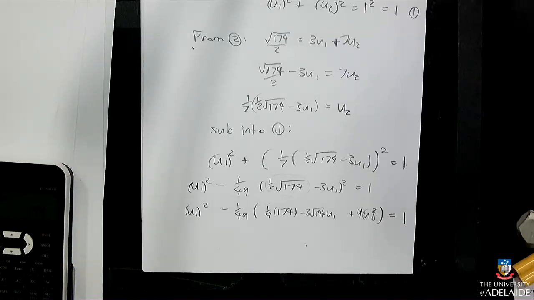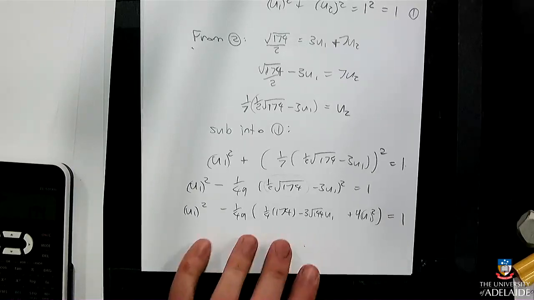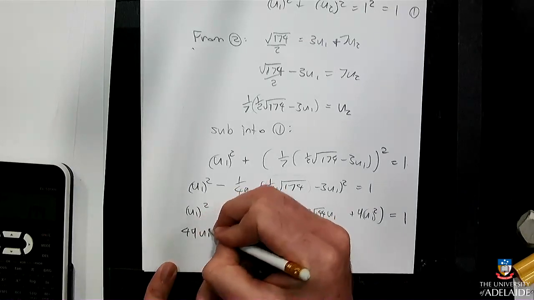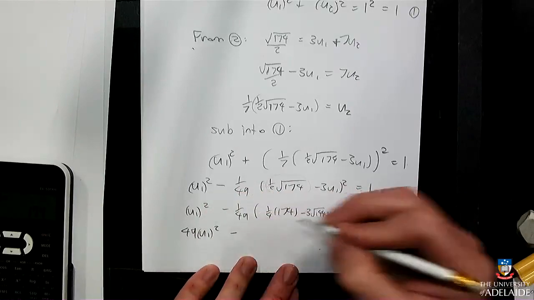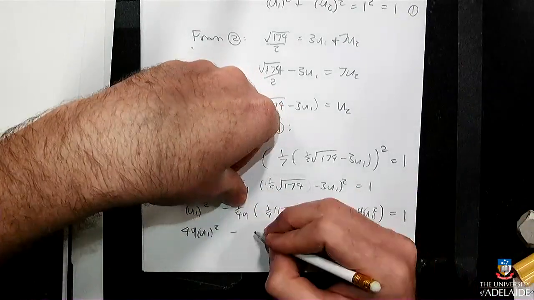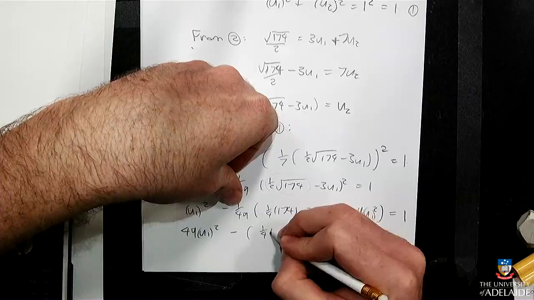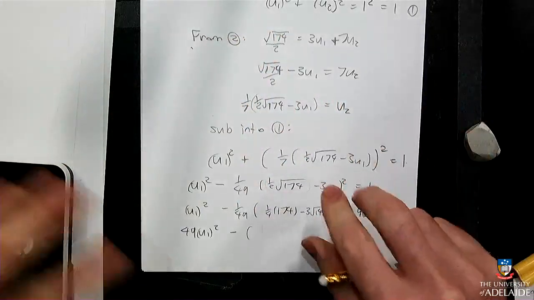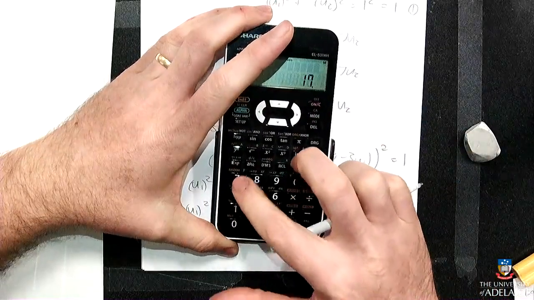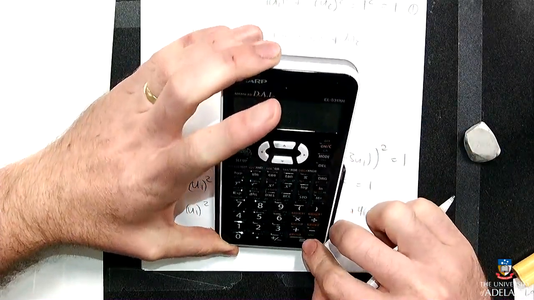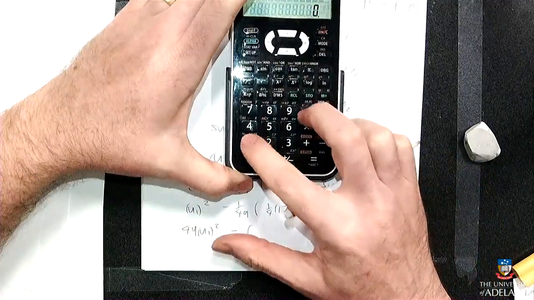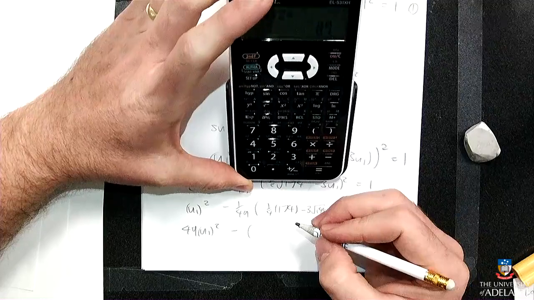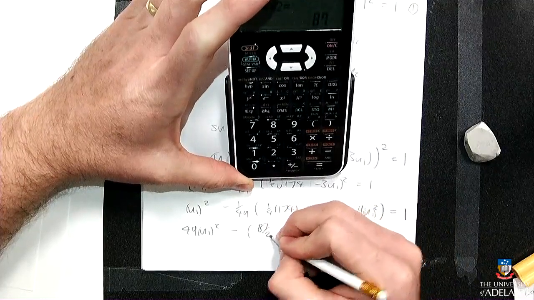Ugh. What if I just multiply everything by 49? Well, 174 on 4, and 174 divided by 2 is 87.